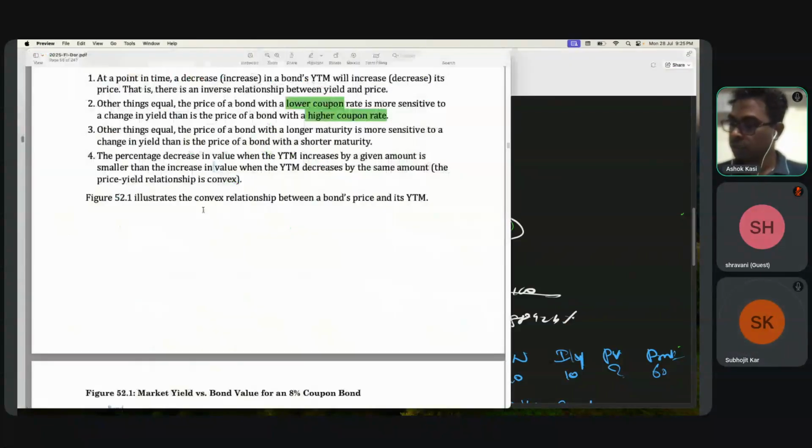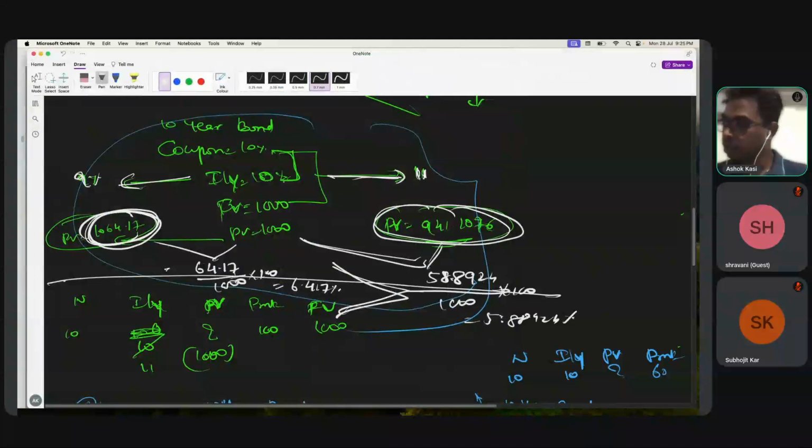So when the interest rate is coming down, it is increasing at a greater percentage. The percentage decrease in value when the YTM increases by a given amount is smaller than the increase. See this line, it's very difficult to understand. See how it has been mentioned. The percentage decrease in value. Where is the percentage decreasing?